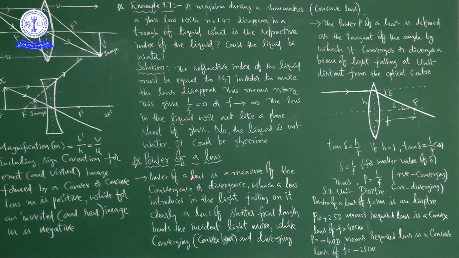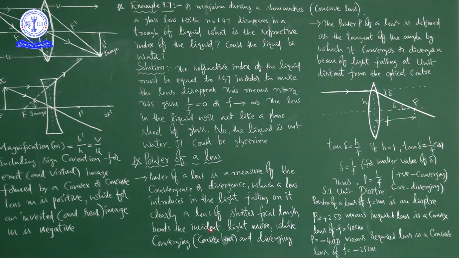Next, clearly, a lens of shorter focal length bends the incident light more while converging and diverging, converging in case of a convex lens and diverging in case of a concave lens generally.